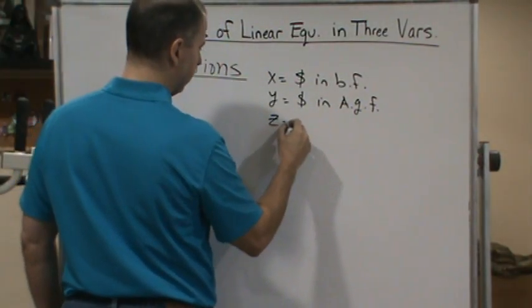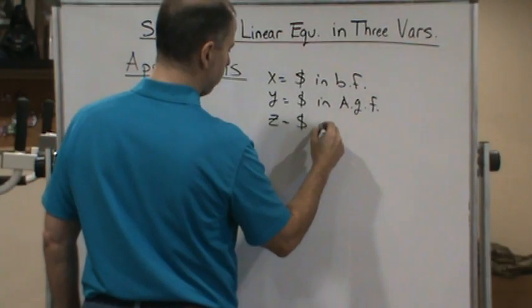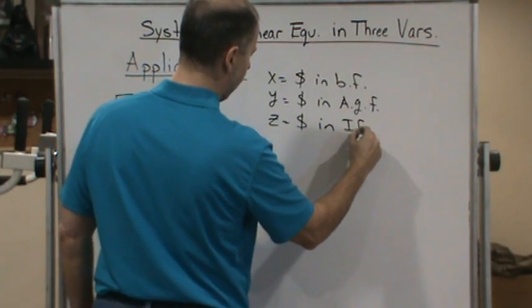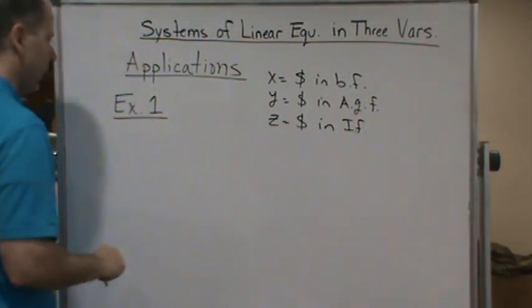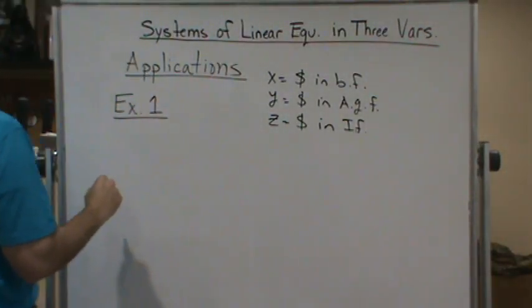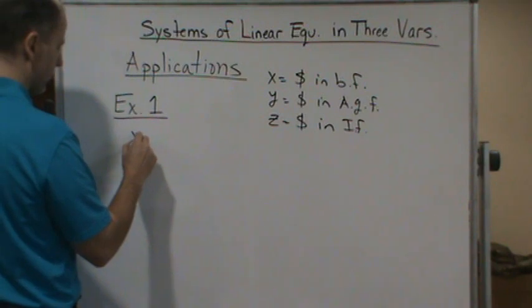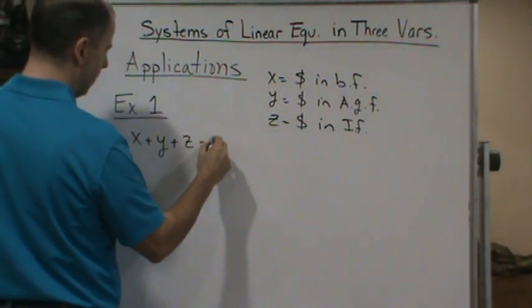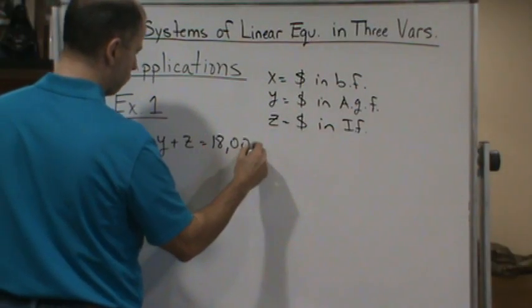And Z will be the amount of money invested in the international fund. Let's set up our three equations. First, the sum of all of those amounts has to be $18,000.